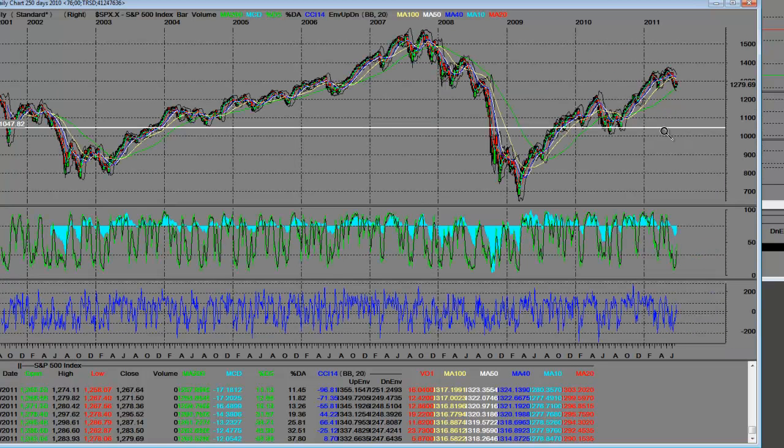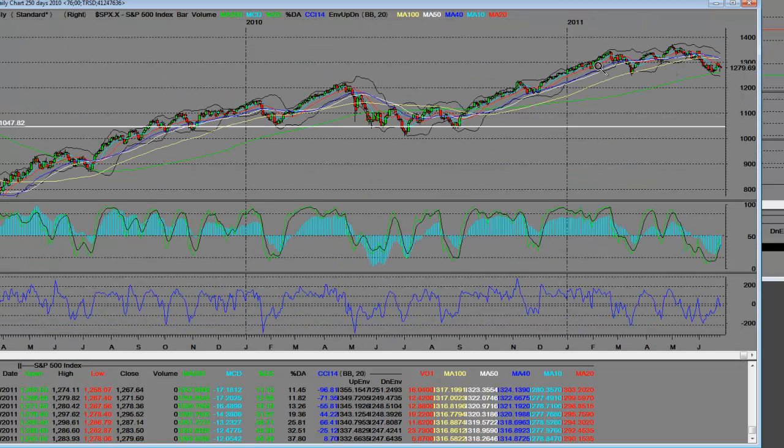Because when you take a look at how long this 200-day moving average has been going, we can start right over here in 2009. When that simple moving average stopped going down, that's when the markets were putting in a bottom. We rallied above that 200-day moving average for a number of months up until the top of 2010.